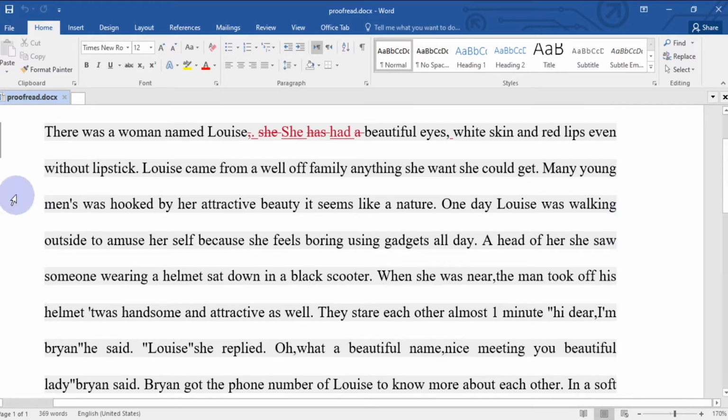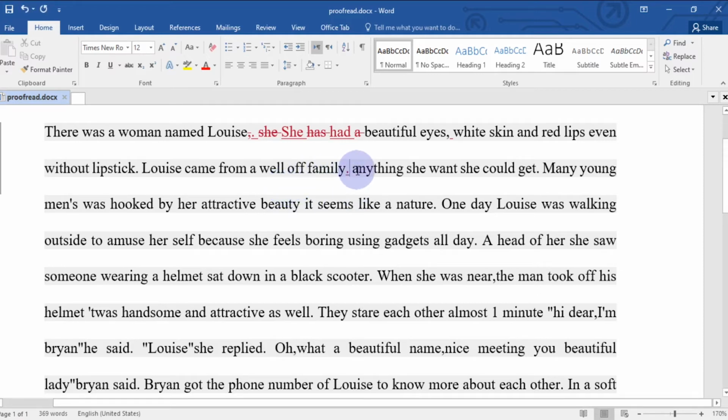Moving on, Louise came from a well-off family. Anything she wanted, she could get. Okay, here there must be a full stop mark separating this complete clause from the following one. So we should put a full stop right here.